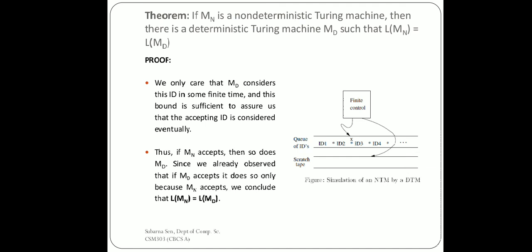So we can conclude that language acceptance by a non-deterministic Turing machine is equivalent to that of a deterministic Turing machine.